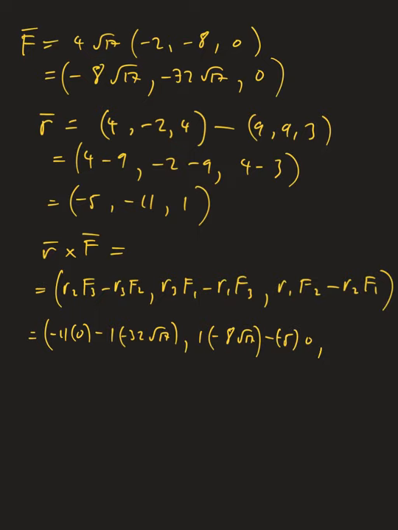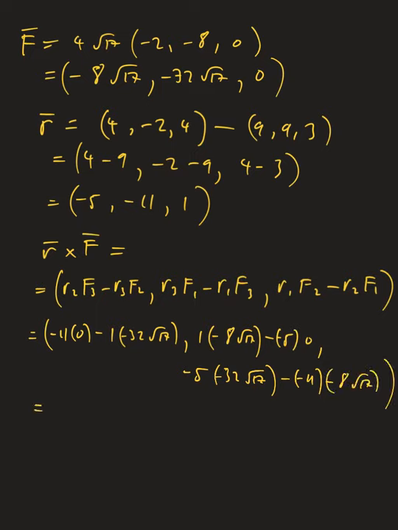I'll put my last component on the next line. It's going to be r1, which is minus 5, times f2, which is minus 32 root 17, minus r2, which is minus 11, times f1, which is minus 8 times root 17.